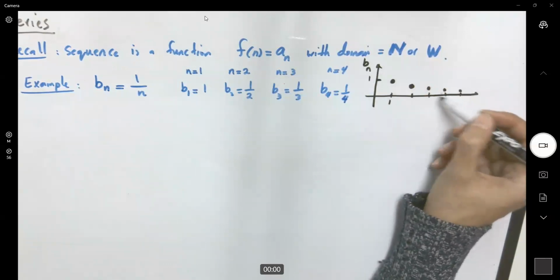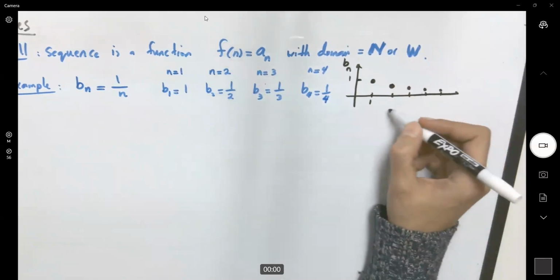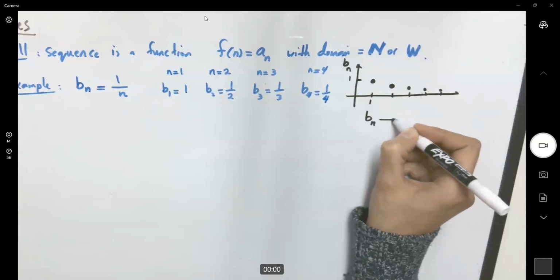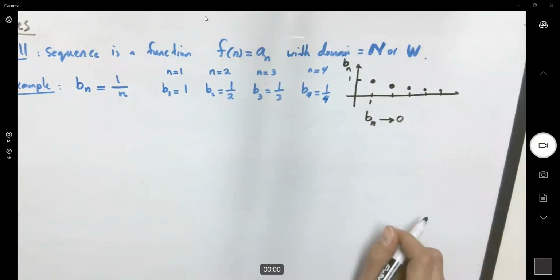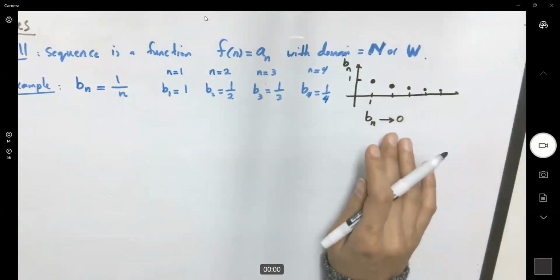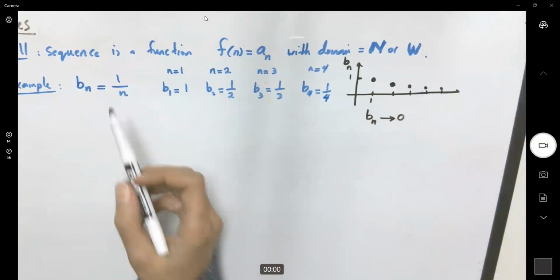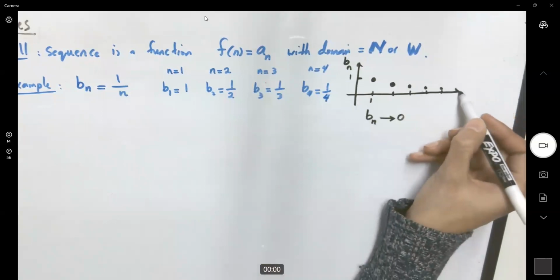So this is the end behavior of your sequence: b sub n is getting closer and closer to 0. We saw these graphs before. It's similar to the behavior of 1 over x on the positive side of the x-axis.